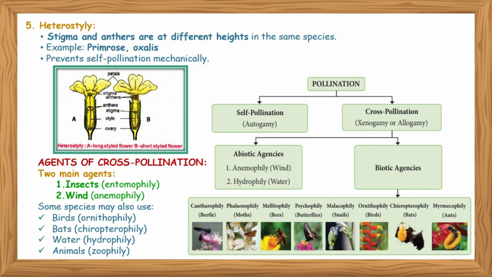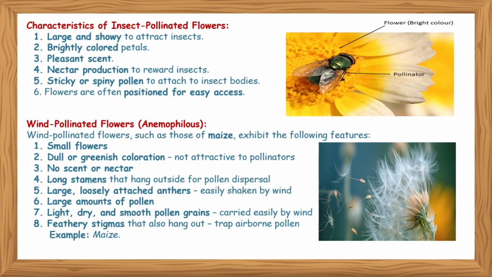Biotic agents include insects, called entomophily, cantharophily by beetles, phalaenophily by moths, melittophily by bees, psychophily by butterflies, malacophily by snails, ornithophily by birds, chiropterophily by bats, and myrmecophily by ants. These are different kinds of pollinators or pollinating agents.